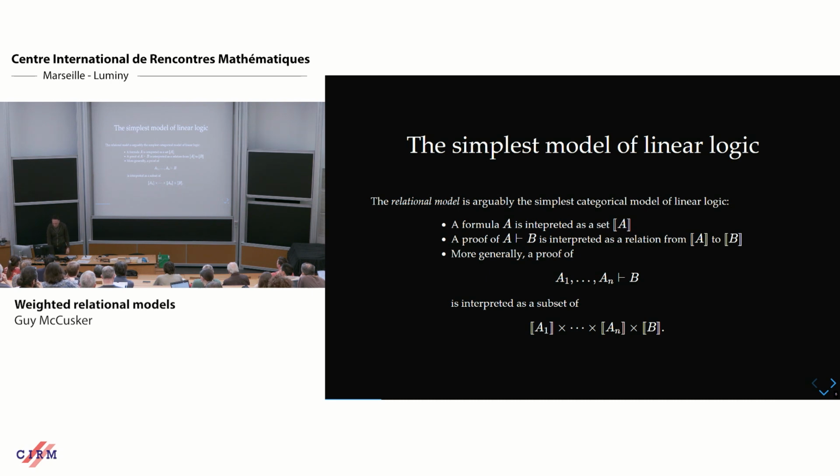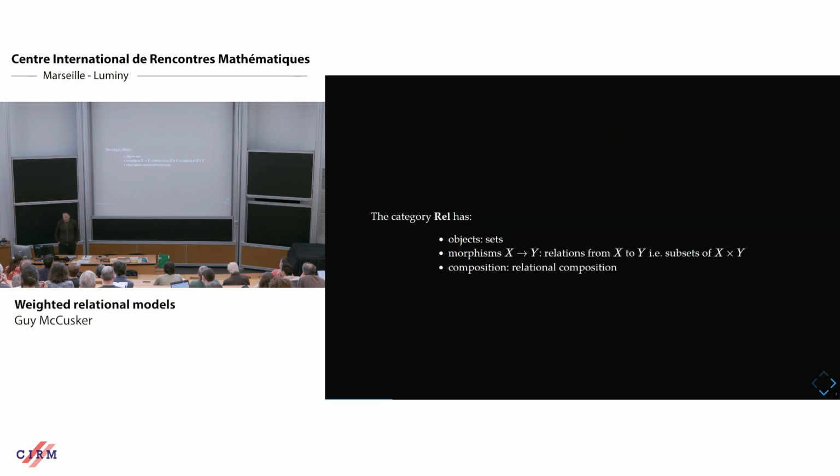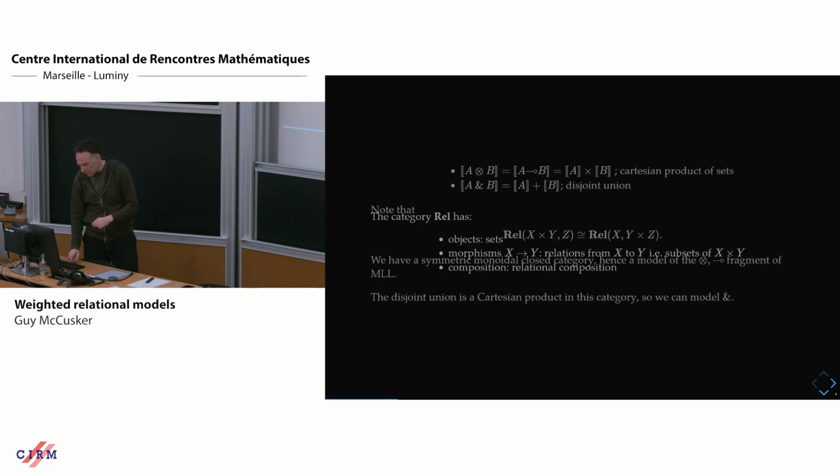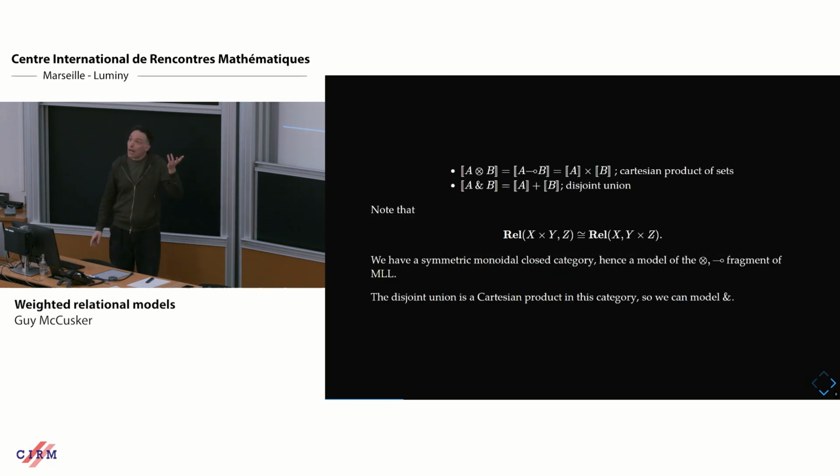Okay, so relations. We have sets interpreting formulas and relations interpreting proofs. This is going to be set up in the category of sets and relations. So the objects are sets, the morphisms are relations, and composition is relational composition that you know. If you don't know it, we have a problem, but it'll be okay. Here is how the formulas are interpreted inductively.